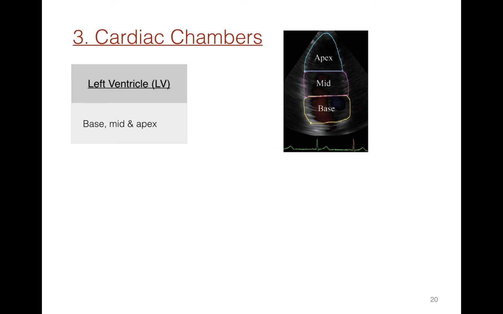Generally speaking, the left ventricle has three parts: basal, mid and apical portions. The basal being uppermost, the mid and then the apex towards the ventricle's apex. Of course, this image that you see here is how they would normally appear in an echocardiogram, where the apex is actually inverted and appears at the top of the sector.